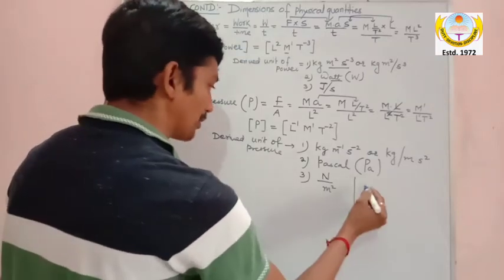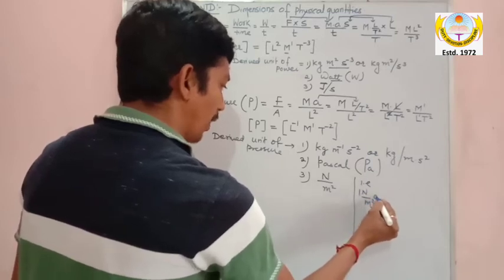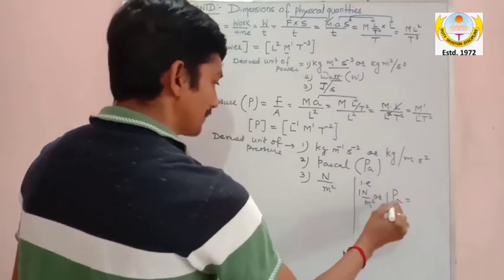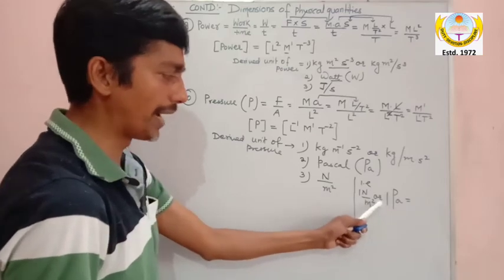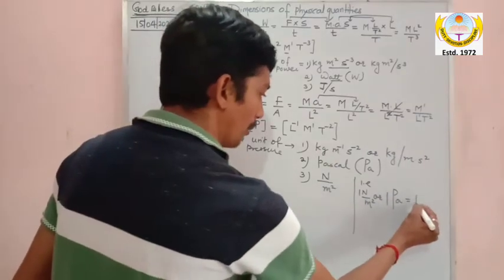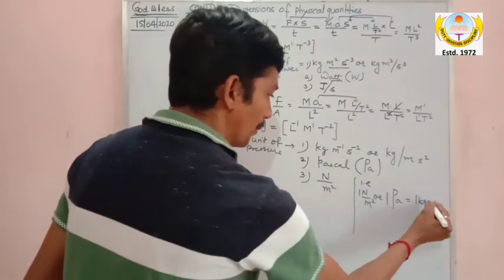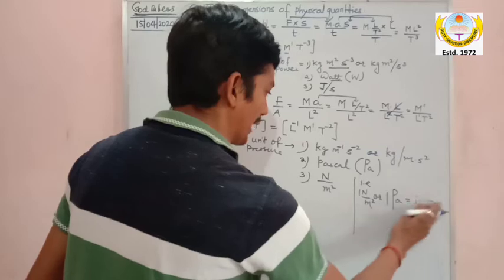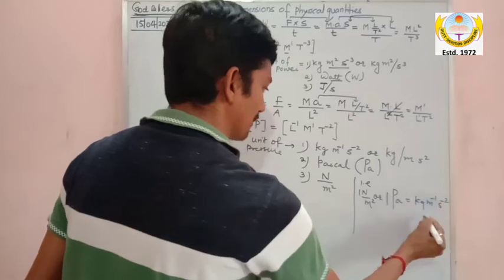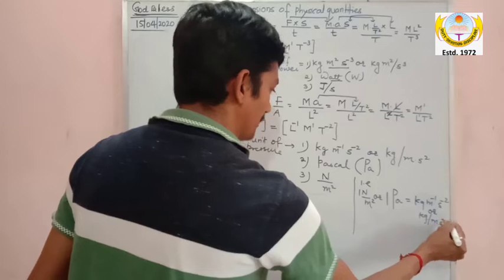So we can also ask it this way in the exam: 1 Newton per meter square or 1 Pascal. 1 Newton per meter square or 1 Pascal is equal to 1 kg, 1 meter power -1, or you can write directly this as kg meter power -1 S power -2, or you can write this as kg per meter per second square.